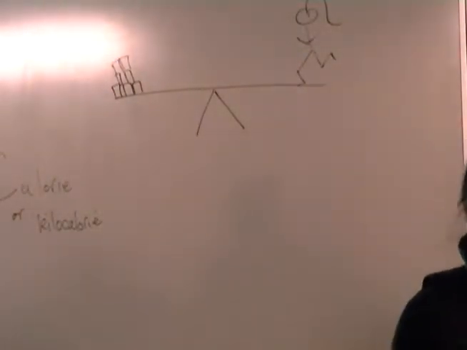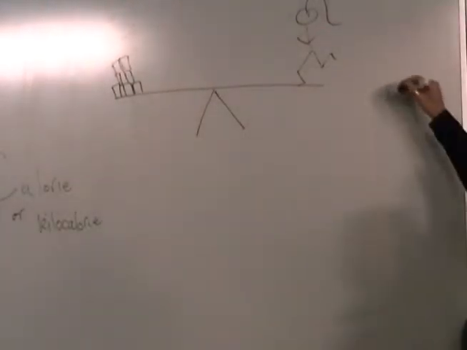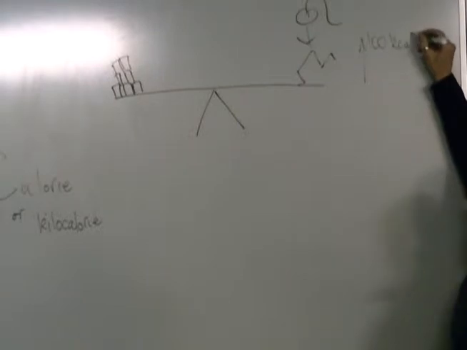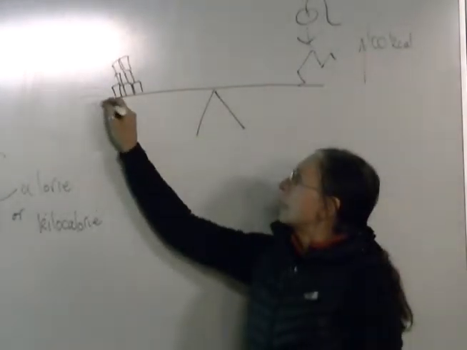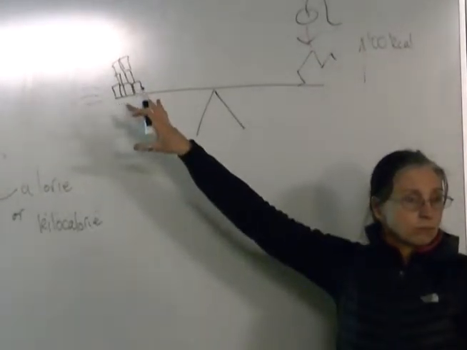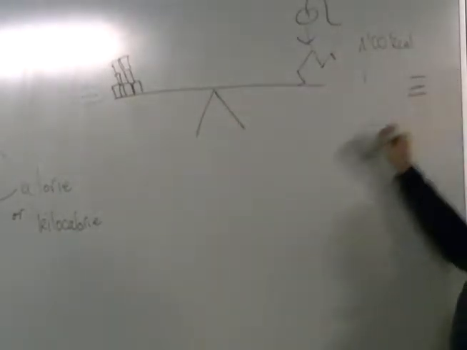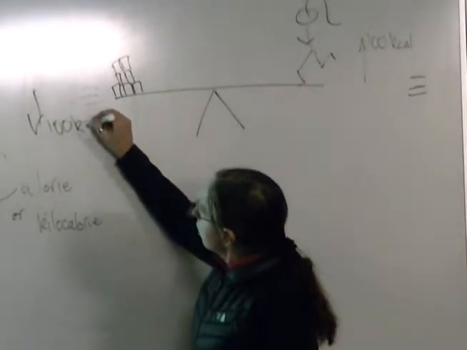Right? I've got a couple of choices now, because I can do 100 calories more exercise, and leave my food exactly the same. Don't change anything. Or I can leave this exactly the same and decrease my calories by 100.